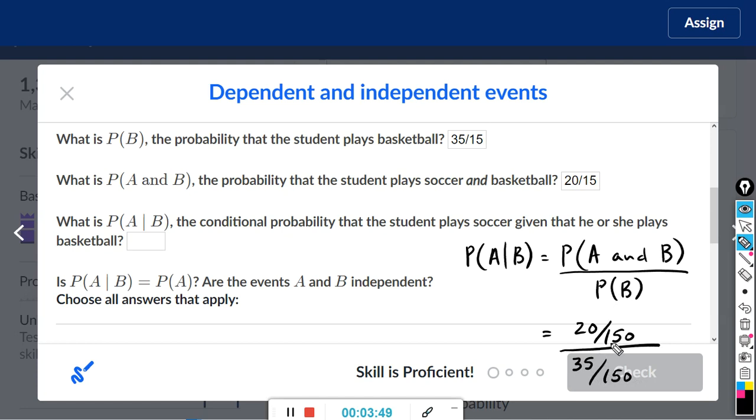Remember, when you divide fractions, you invert the denominator and multiply. I think you guys learned it as keep, change, flip. So 20 over 150 divided by 35 over 150.